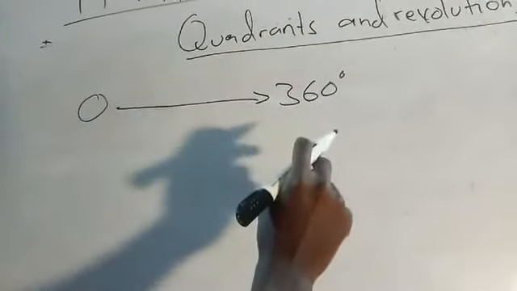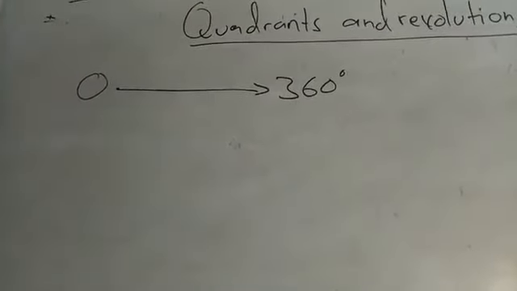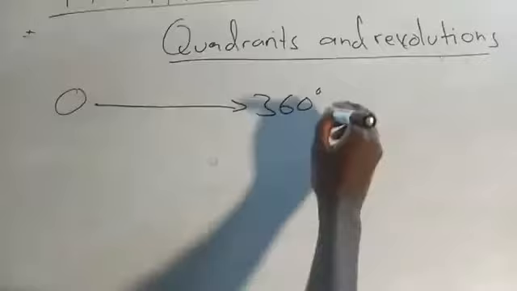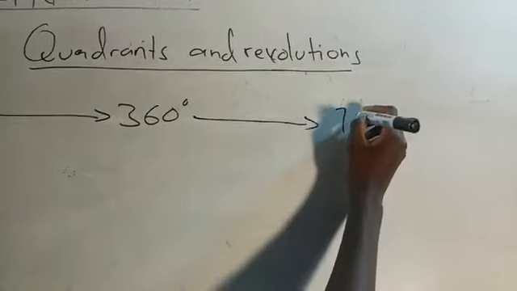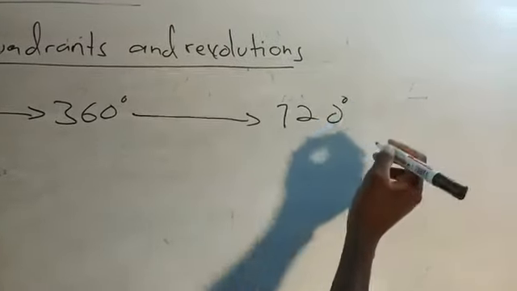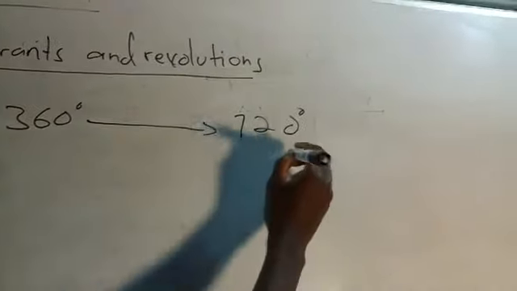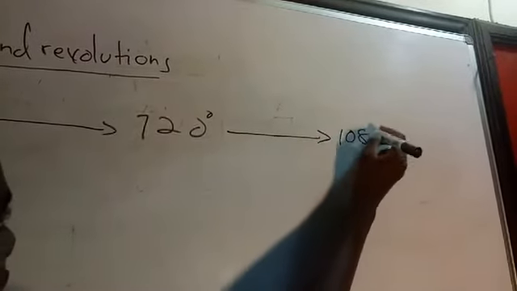So if she or he makes another one, it will be equal to 720 degrees, and another one equal to 1080 degrees.